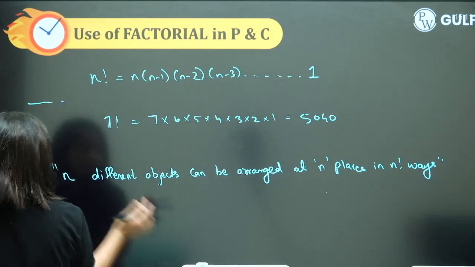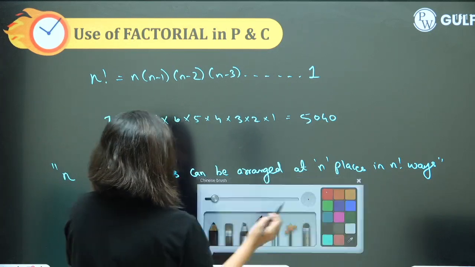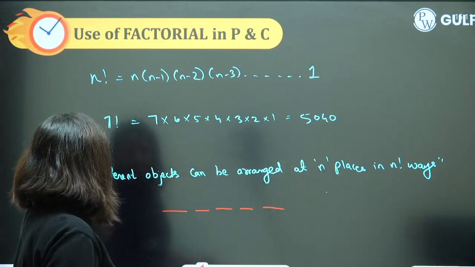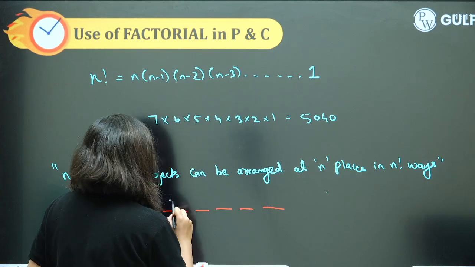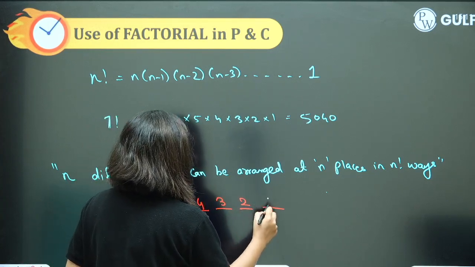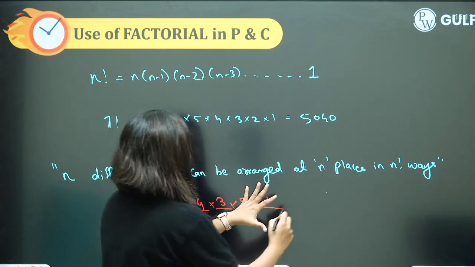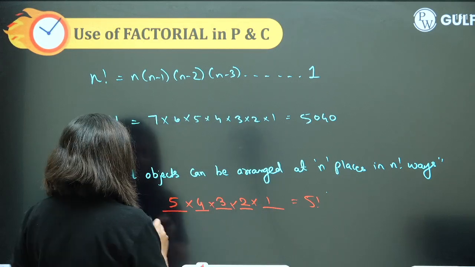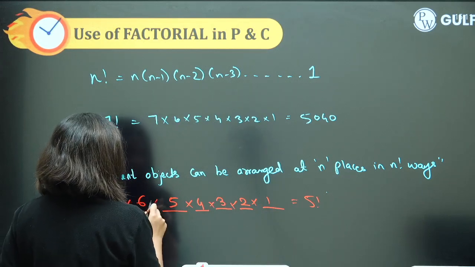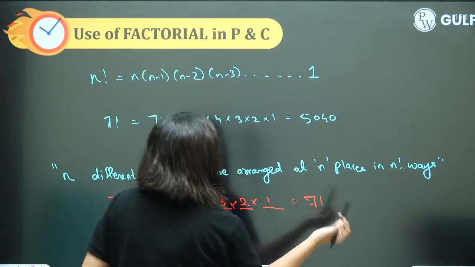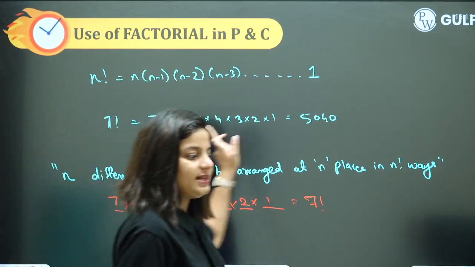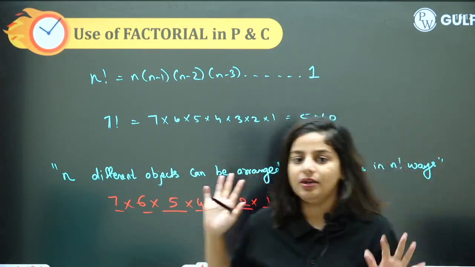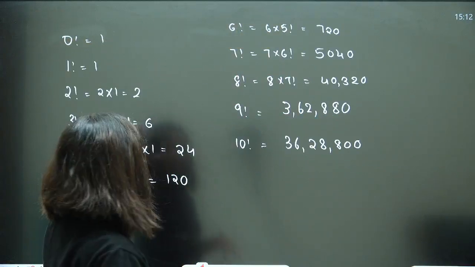If there are 5 places, 1, 2, 3, 4, 5, and the same number, 5 objects, so 5, 4, 3, 2, 1. In how many ways can it be done? Without this, we should be directly saying 5 factorial ways. If there are 7 objects, then 7, 6, 5, 4, 3, 2, 1, it can be done in 7 factorial ways. So n objects, n places, in how many ways can you arrange? N factorial ways. Let's talk about these factorials very well.